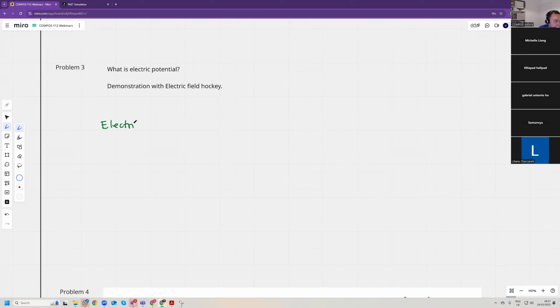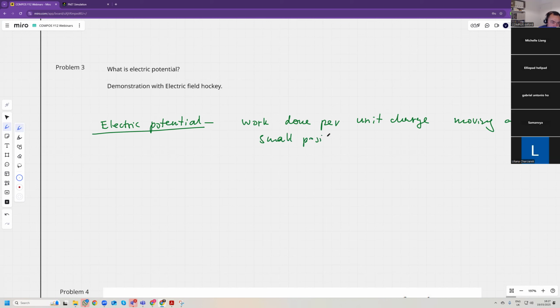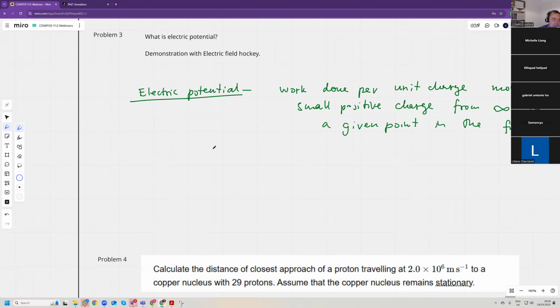Electric potential is the work done per unit charge moving a small positive charge from infinity to a given point in the field. Okay, that's the definition.